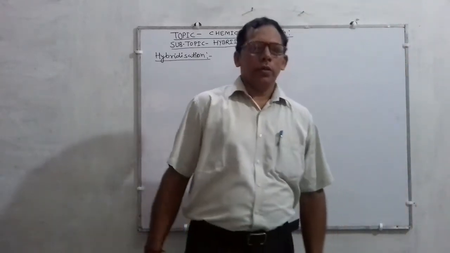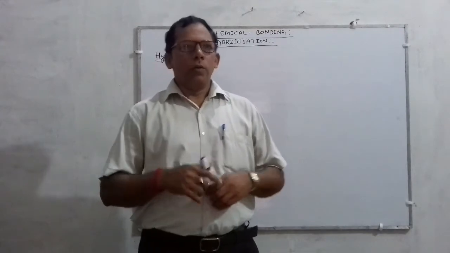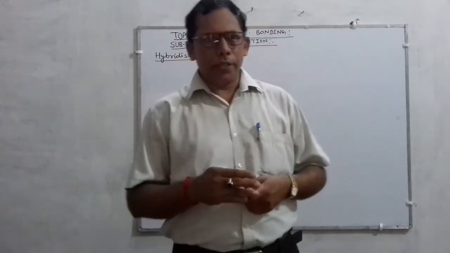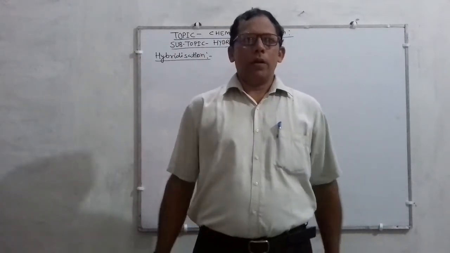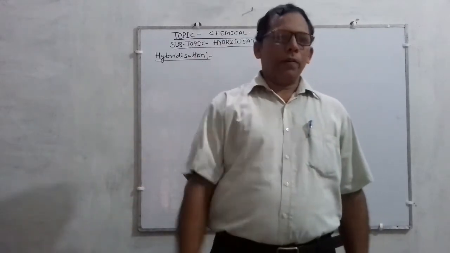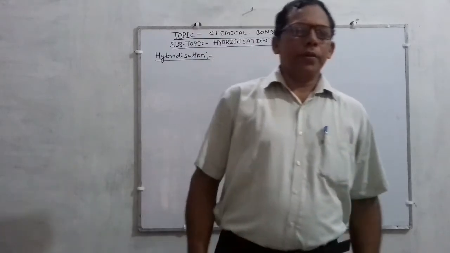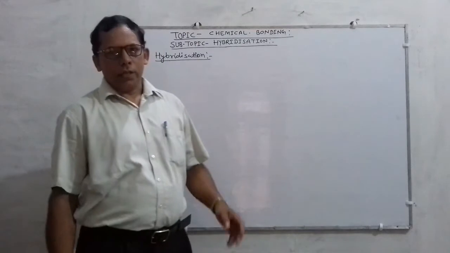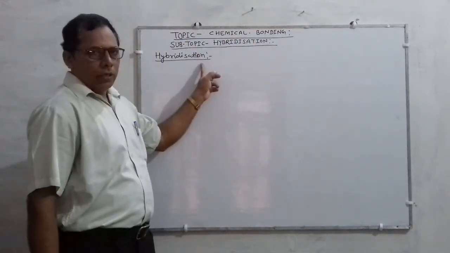We will study what hybridization is, what the need of hybridization is, how hybridization takes place, and what the important types of hybridization are. These are all the points we are going to discuss in this lecture. So let's start with hybridization.